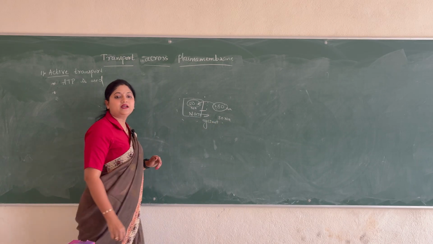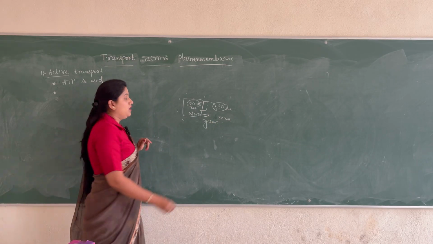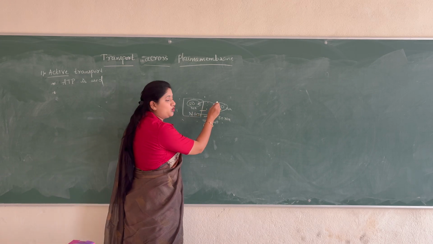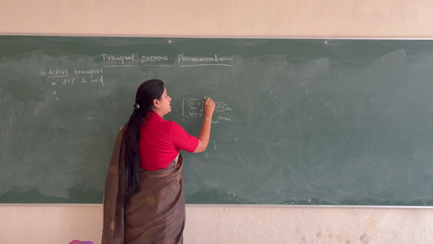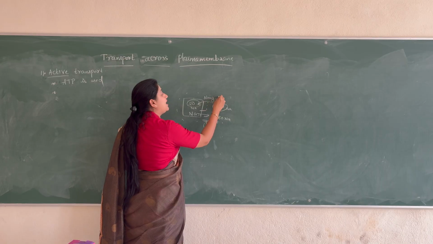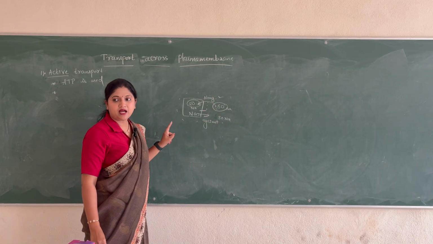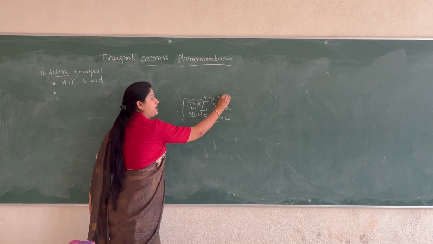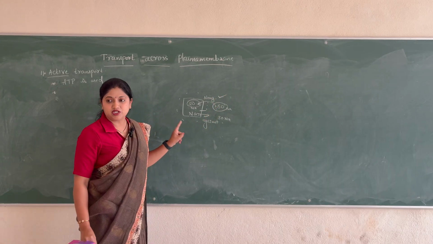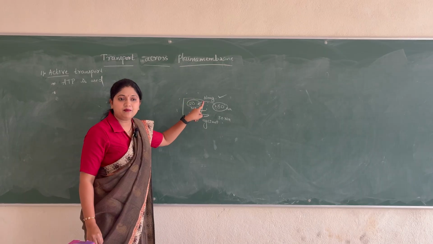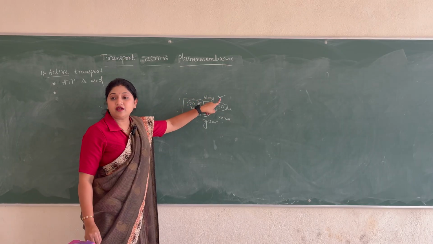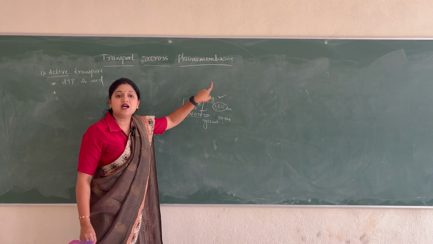For the molecules to move along the concentration gradient, this is a natural phenomenon happening. So this does not require any extra energy here, since it is a natural phenomenon.